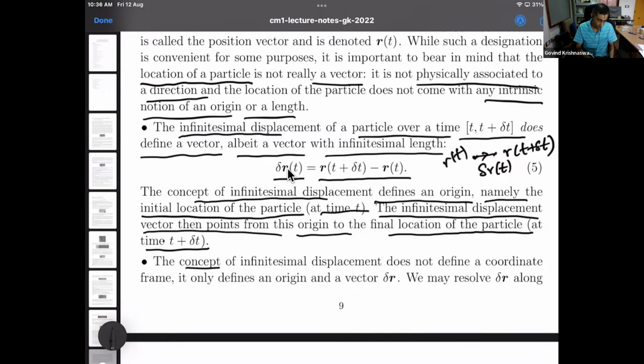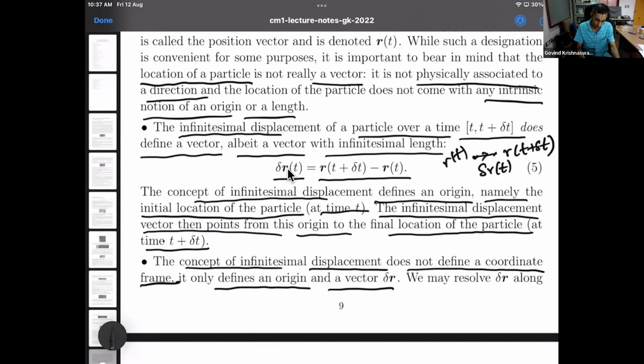However, the concept of an infinitesimal displacement does not define a coordinate frame. It does define a vector. So that is a sense in which a vector can be a physical concept, a geometric concept, but a coordinate frame is an additional appendage that we put for our convenience. So the infinitesimal displacement only defines an origin and a vector delta r.